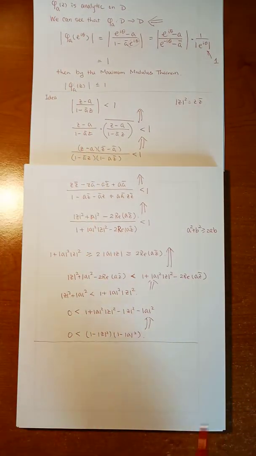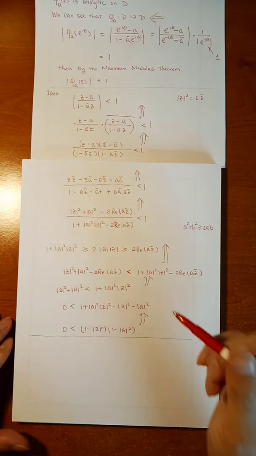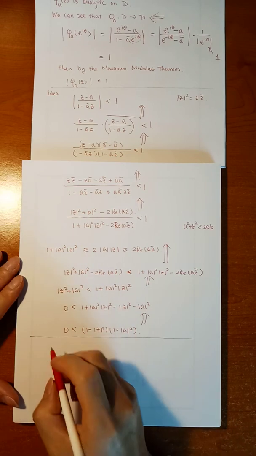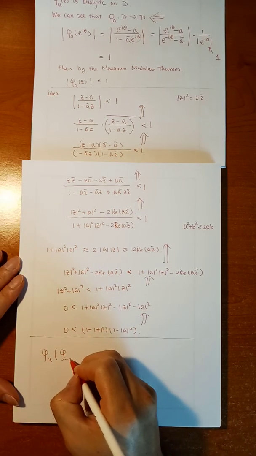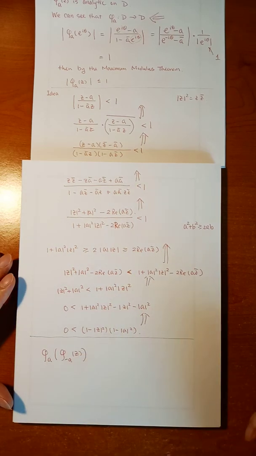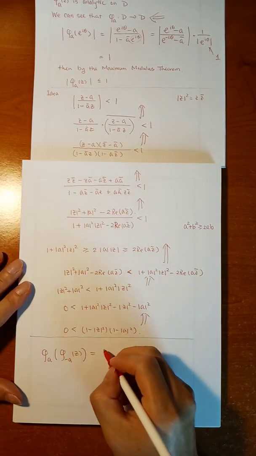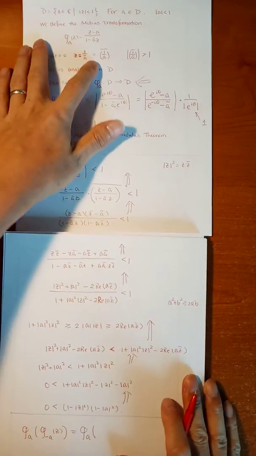Next, we're going to show, for every A, it will map D to D. Let's check the other relation. What is phi A composed with phi negative A of Z? Okay. Phi negative A of Z, let's check what it is.